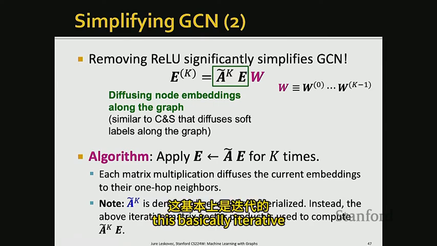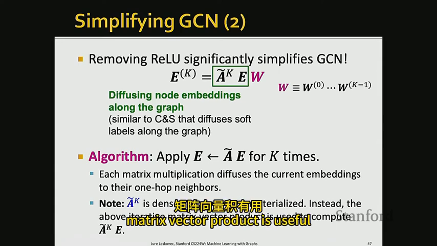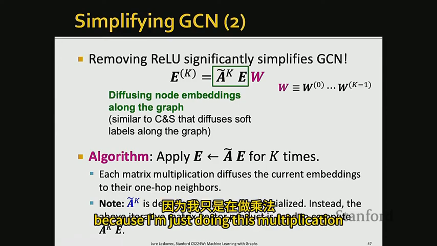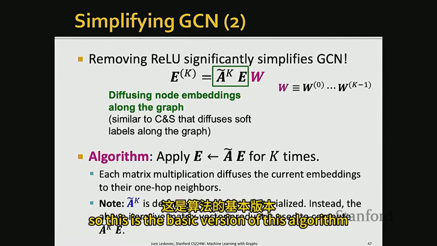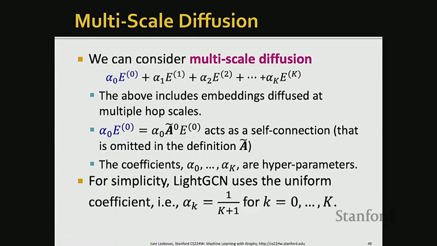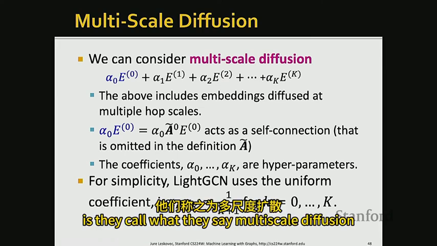So this iterative matrix-vector product is useful to compute this expression, but much more scalable because I'm just doing this multiplication several times, okay? So this is the basic version of this algorithm. What people do in reality is what they call multi-scale diffusion, right?